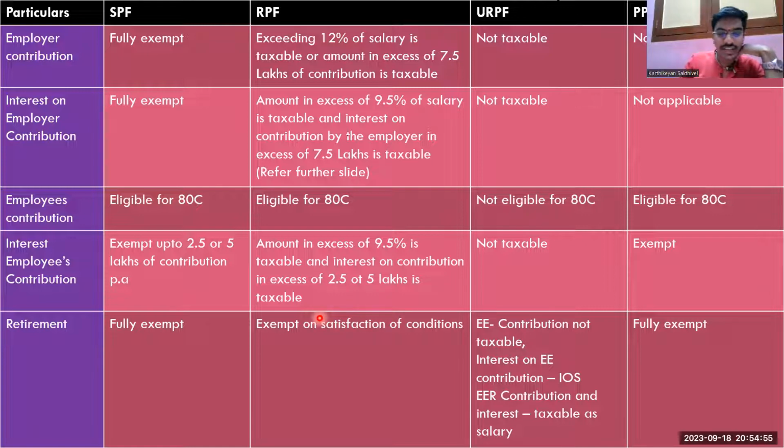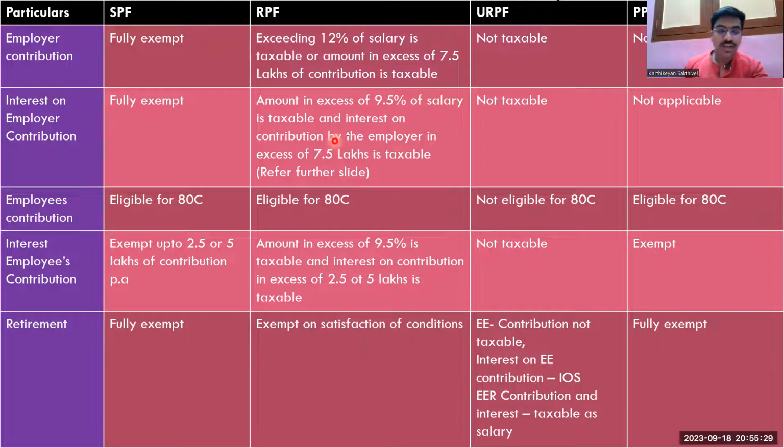Same case, இங்க என்ன இருக்கோ அதே point is there for statutory PF also. இப்போ நம்ம மேல டிஸ்கஸ் பண்ண அந்த 7.5 lakhs of contribution is not there for statutory PF. But this interest component is there also for statutory PF. So whatsoever the amount is contributed by the central government to the statutory PF is exempt only.